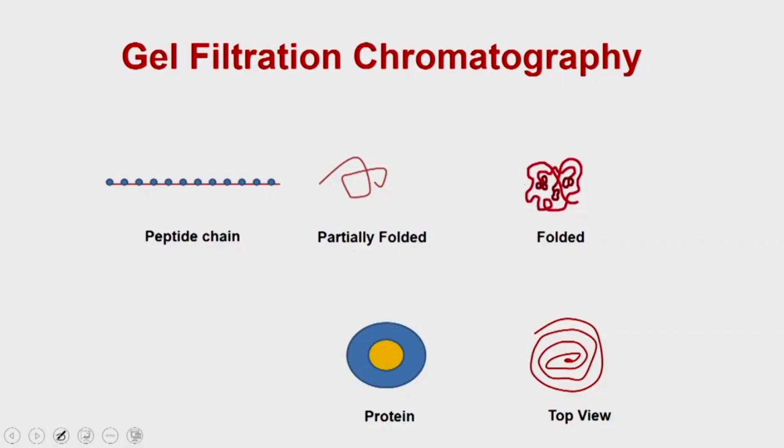So, now you can imagine that proteins are nothing but made up of a peptide chain which is made up of different amino acid residues. Initially, when they are being synthesized from the ribosome, they are synthesized in a linear chain, and that linear chain form is called the extended form.